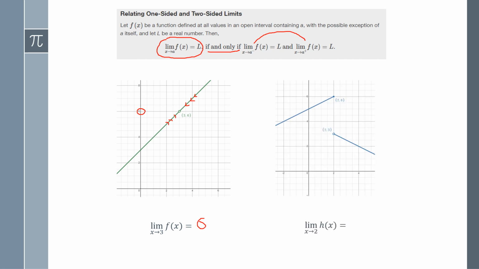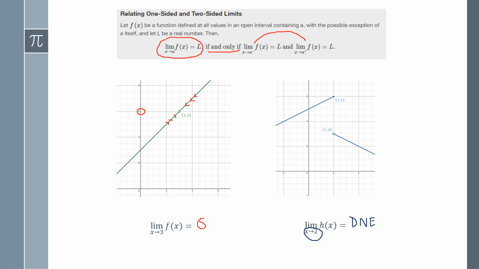This is our function h, where the two one-sided limits were different. So what do we say about the limit as x goes to 2 of a function where the left limit and the right limit are different? We would say this limit does not exist, and you can abbreviate it as DNE.